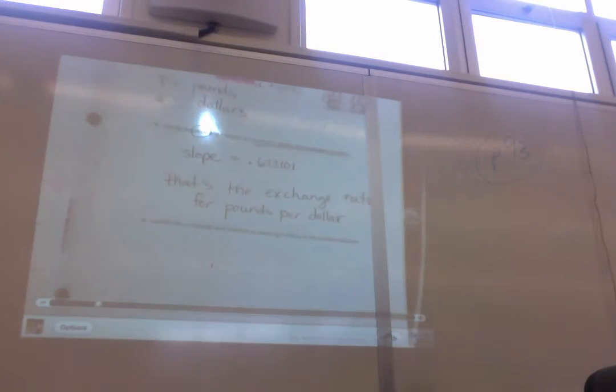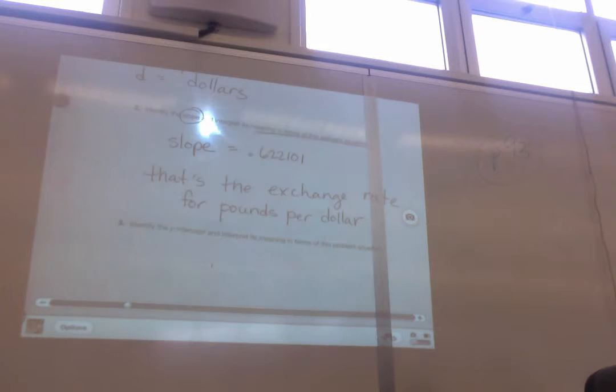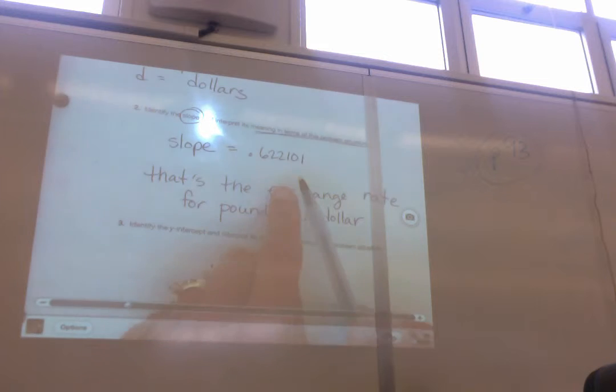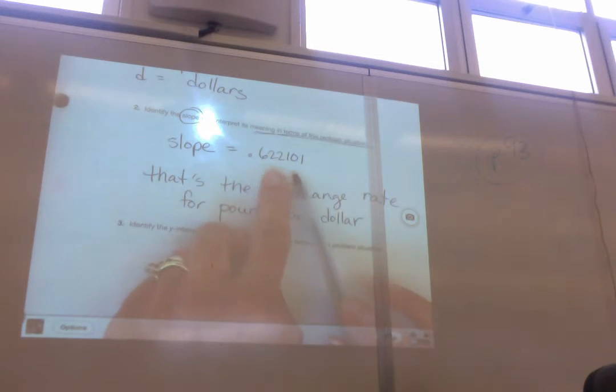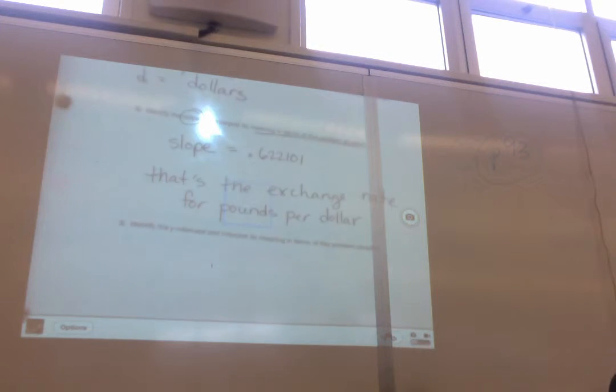(Iggy Azalea, oh yeah.) That's the exchange rate, pounds per dollar. So our slope is kind of ugly looking, kind of decimally. I wish it was a 2, but real life isn't that simple. That's okay. You have computers, you have calculators, we can deal with it. We just need to know where to find it, and it was in front of our variable.